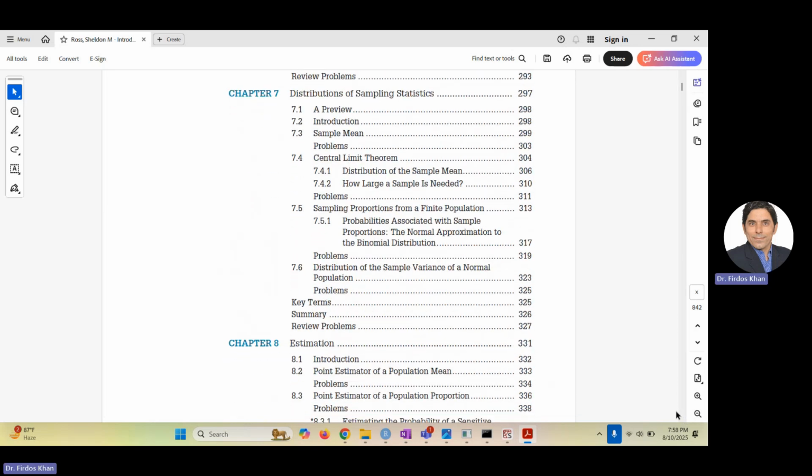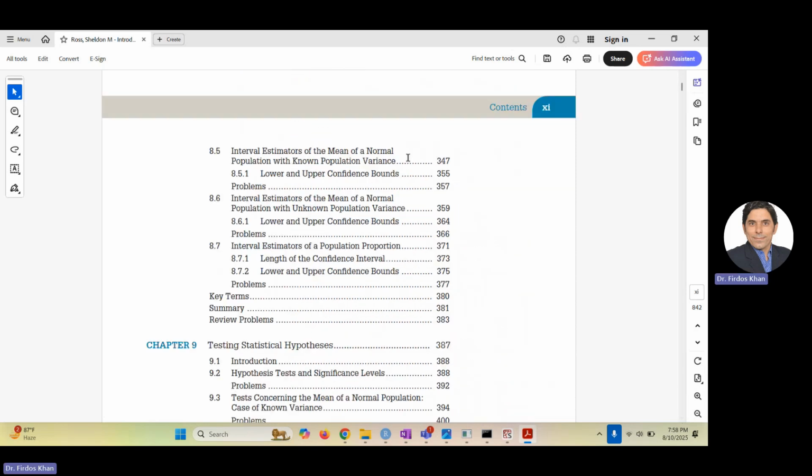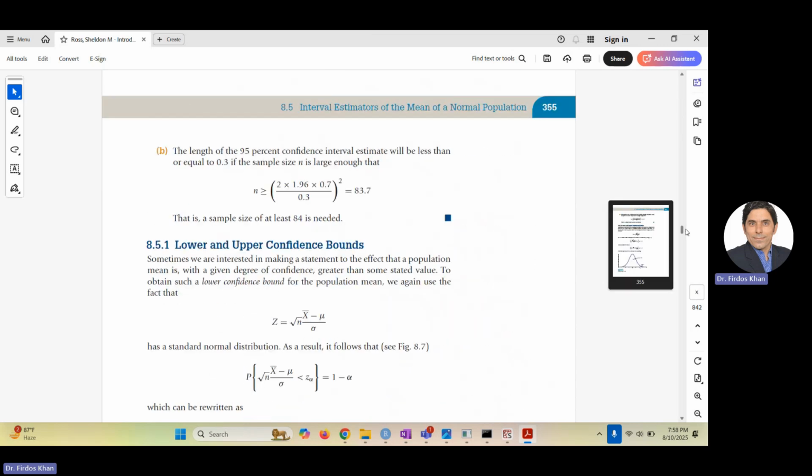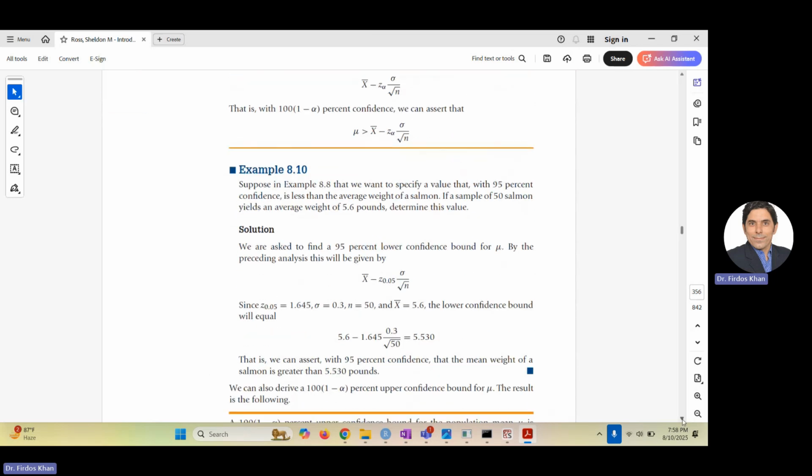That's the point which we are talking about today. So we are on interval estimation. Let's jump to page 347 and see where that example is. Oh, that's really nice. We're just reaching near to the point.